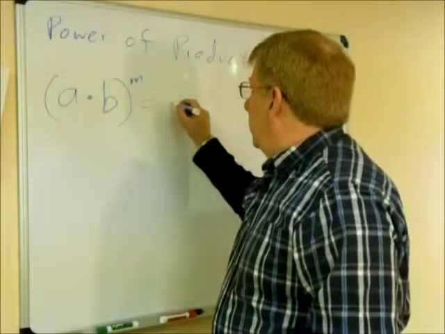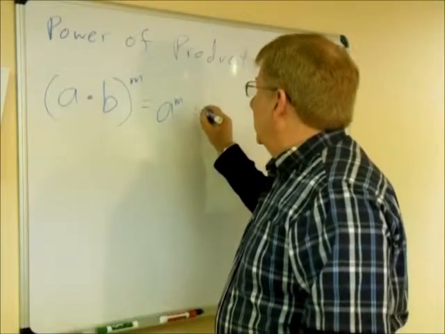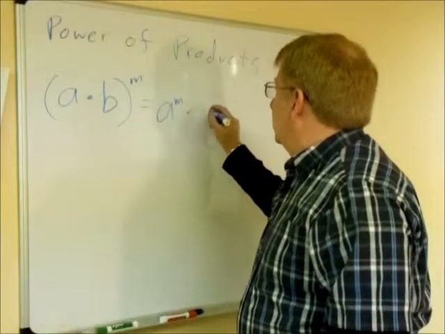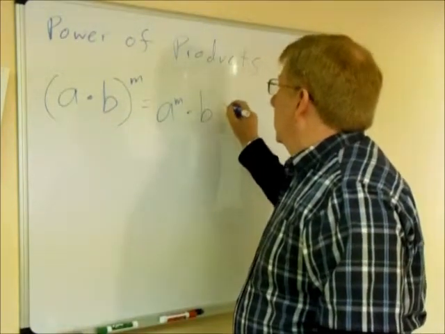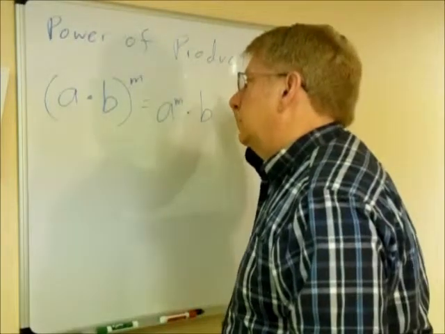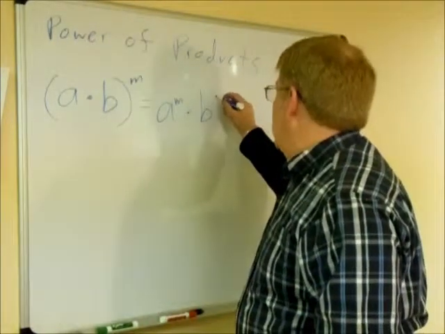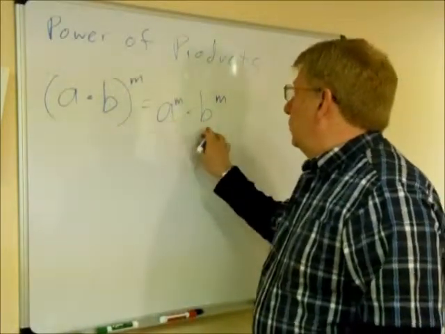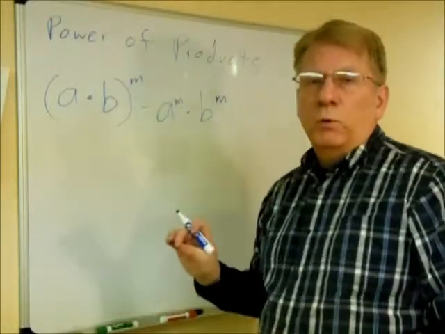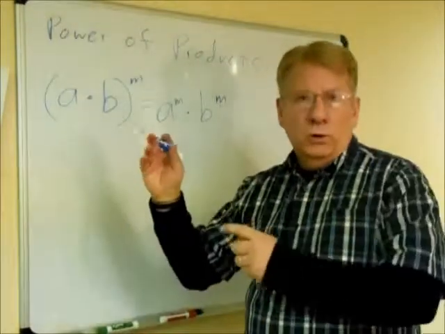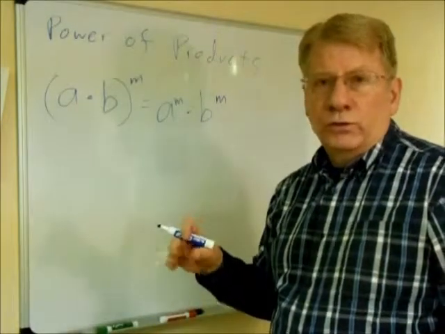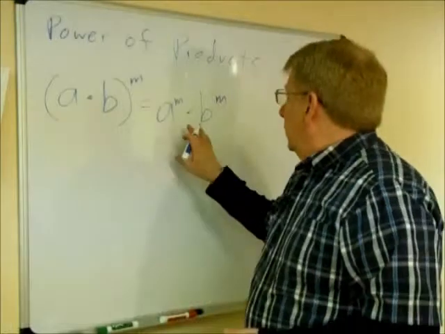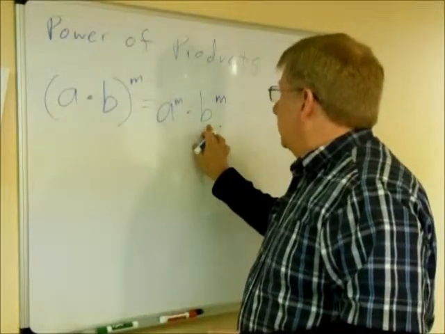So that would be the same as a to the m times b to the m. They're two different numbers. The examples before we used like 4 to the third times 4 to the second. In this case we have two different numbers.